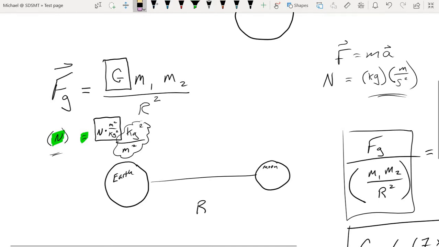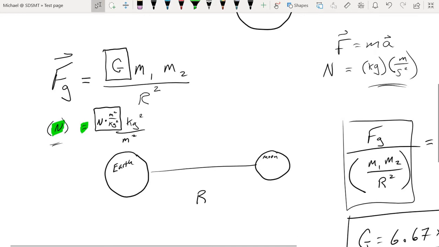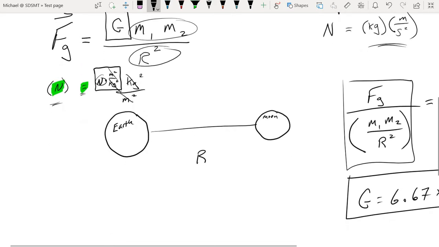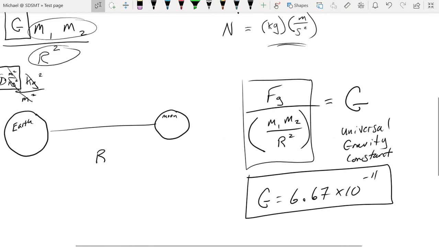And so now, by looking at everything that we have for the units of G, paired with the units of our masses and our separation distance, everything now works out to give us a true statement. So the units of big G are a Newton meter squared per kilogram squared.